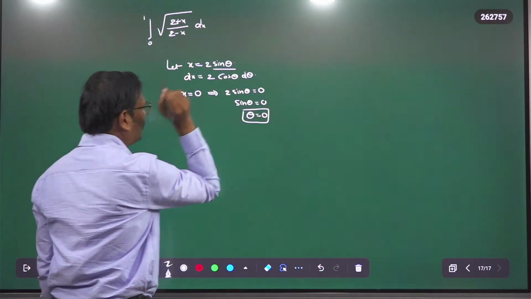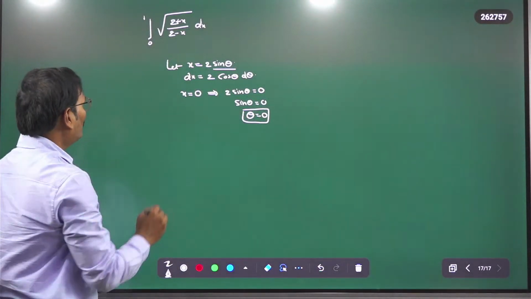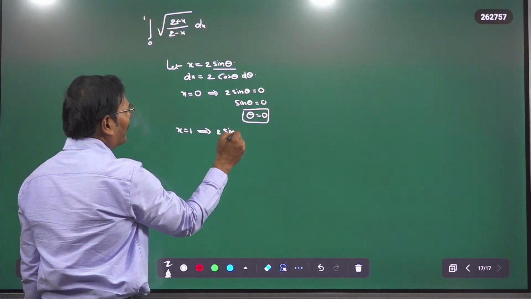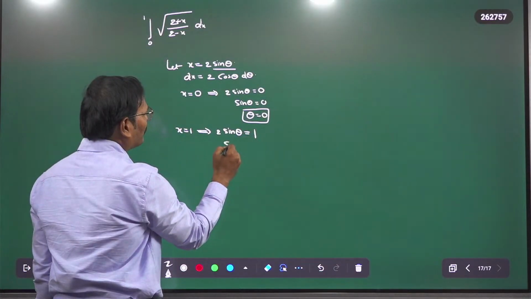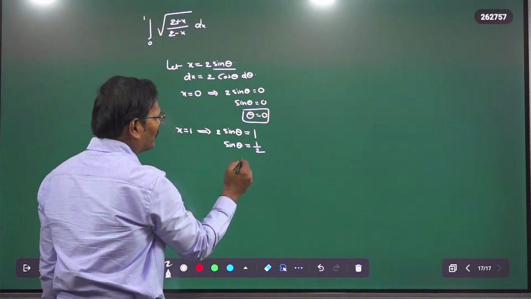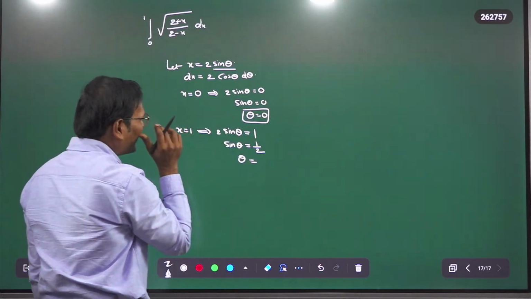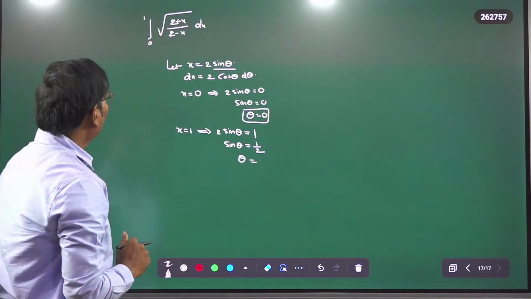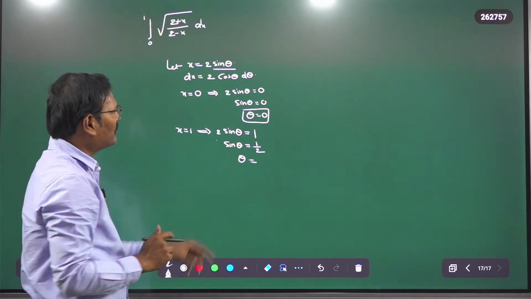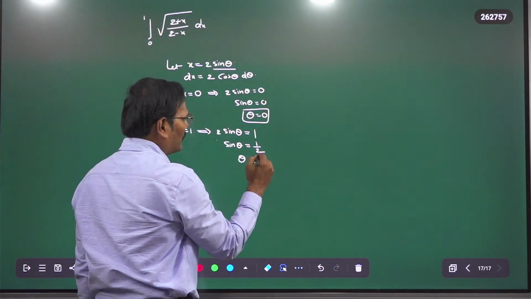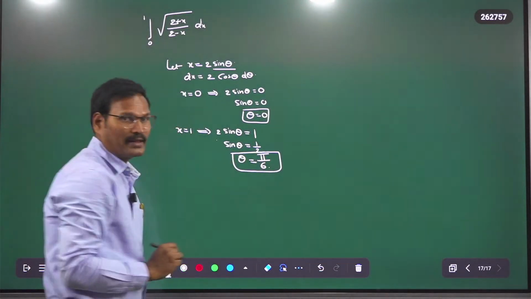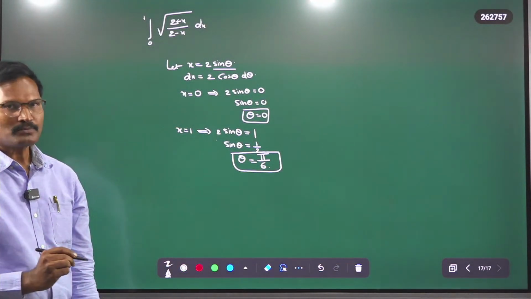The lower limit is 0 and moving to upper limit, x is equal to 1. 2 sin theta is equal to 1, sin theta is equal to 1 by 2, theta is equal to pi by 6, 30 degrees. Is it clear?